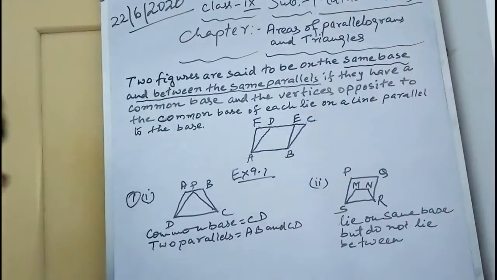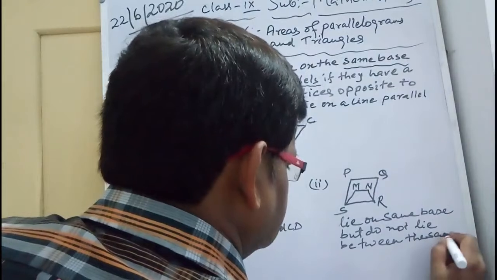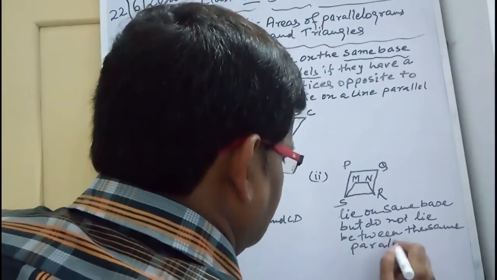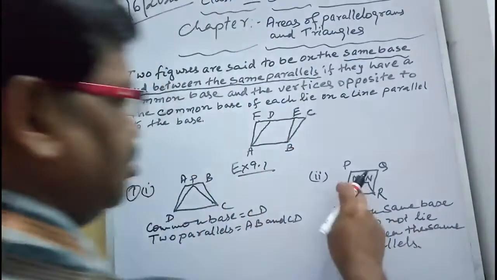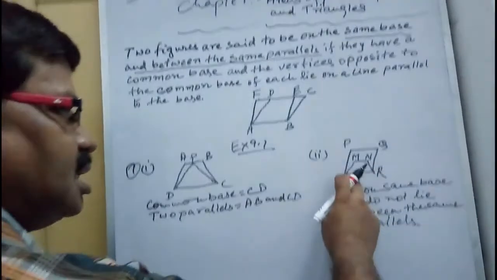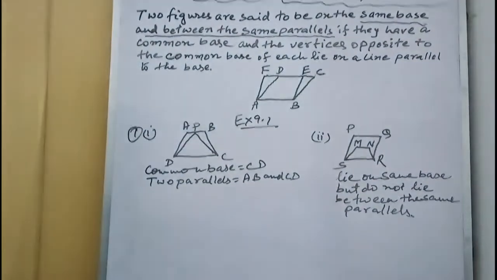They have a common base, that is RS, but MN and PQ are different lines.